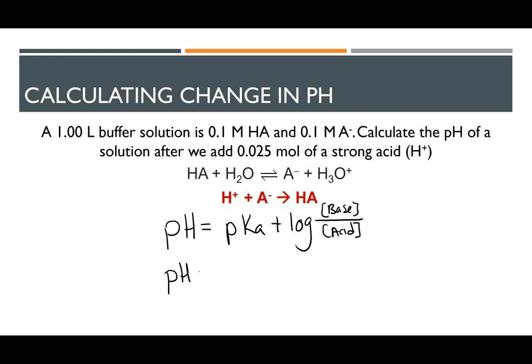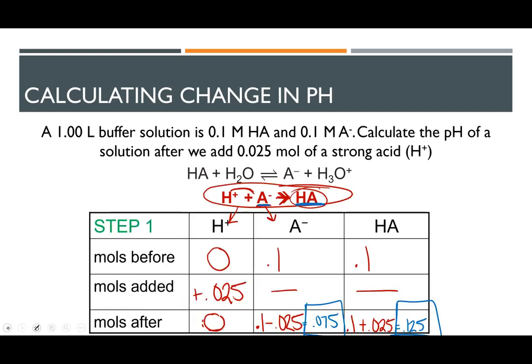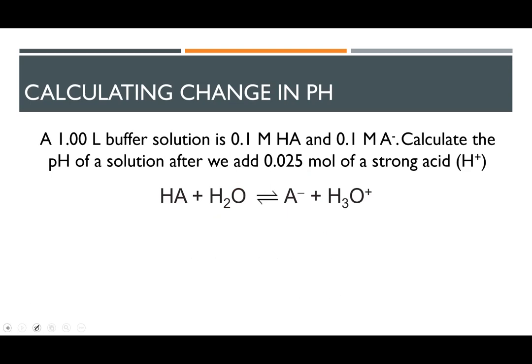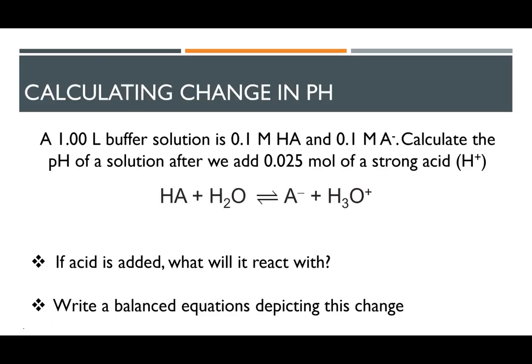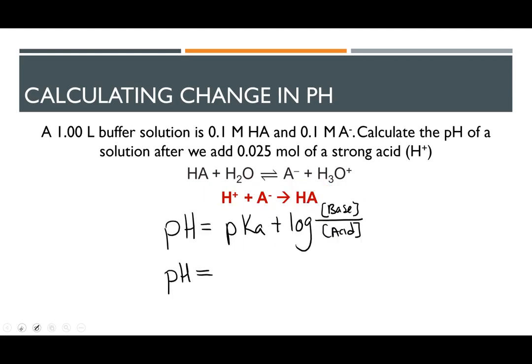So pH equals, did I give the pKa of this ever? I don't know if I did. Let me see. Nope. So pKa, again, I failed to give it to you guys. It's an arbitrary one, so let's just make one up. So let's say that the Ka equals 2.5 times 10 to the negative fifth.